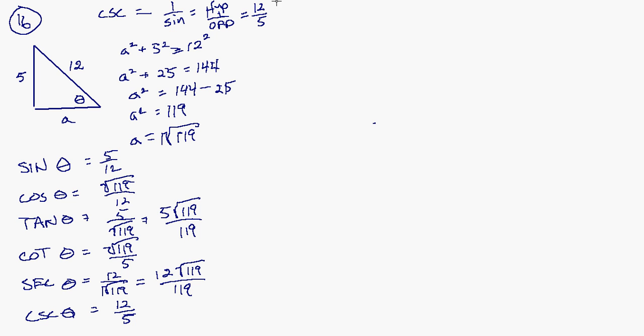Going now to 18. Here we have the secant of theta. By the way, secant is 1 over cosine, which is the same as the hypotenuse over the adjacent.